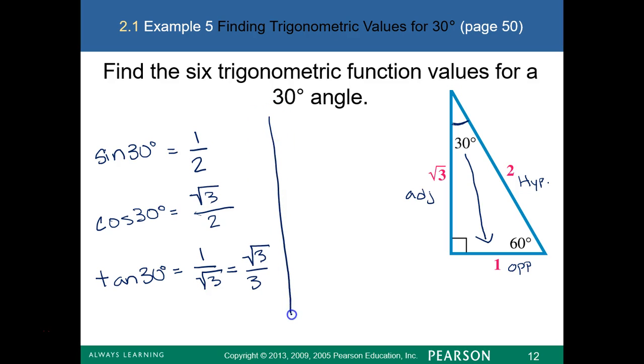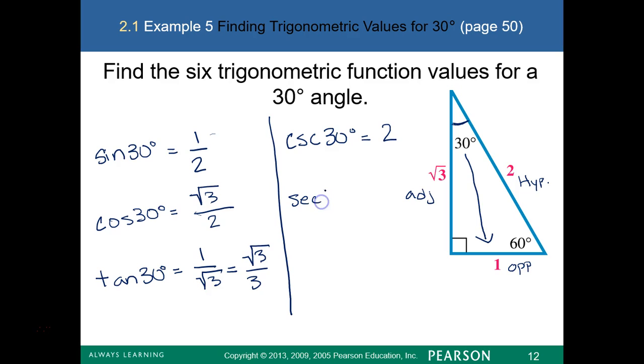Now we're asked to find the other 3 also. So remember, do the reciprocal of each of these 3 to find the other 3. Cosecant of 30 degrees is equal to, reverse the 1 and the 2, so you get 2 over 1, which is just 2.